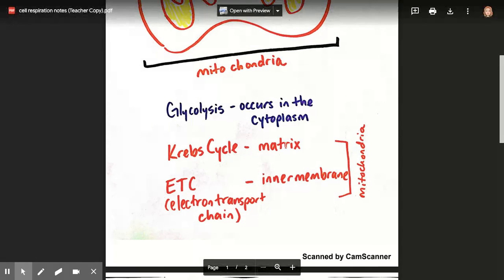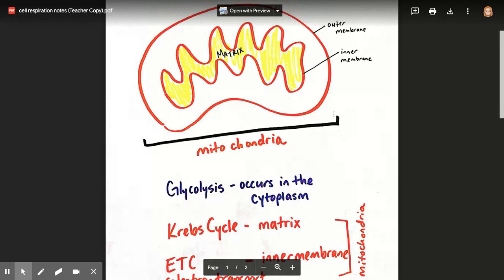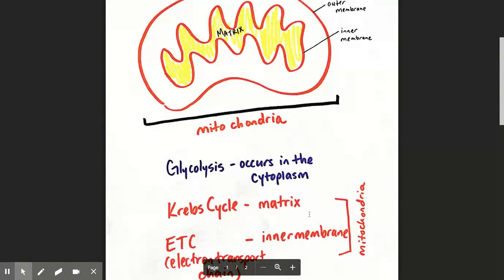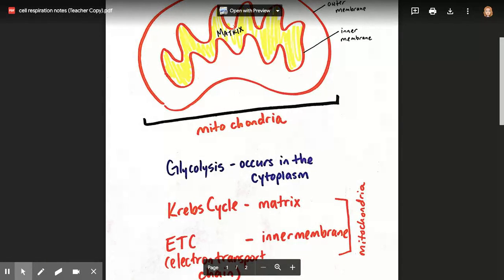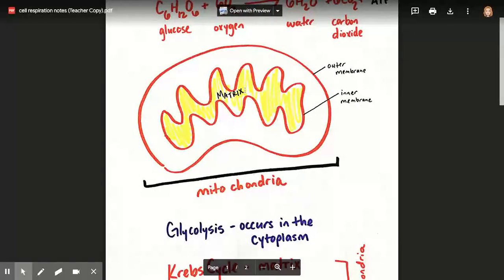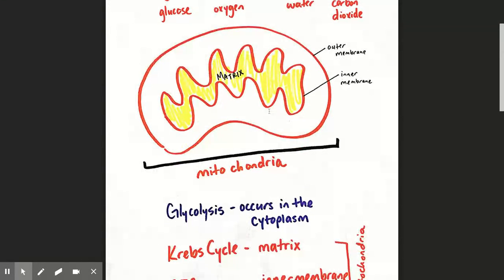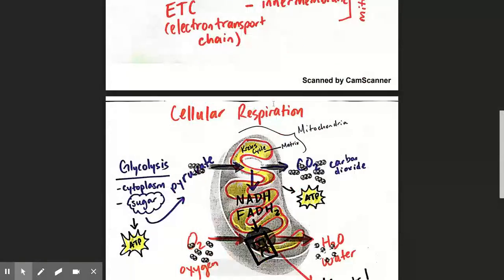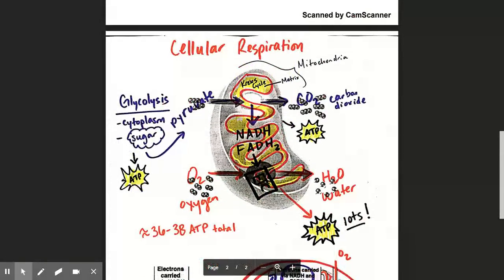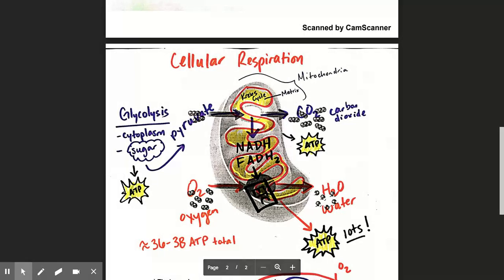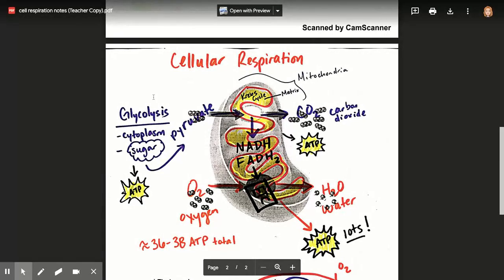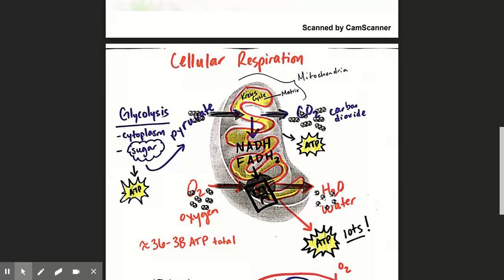The Krebs cycle happens inside the mitochondria, as well as the electron transport chain, and they happen in very specific places within the mitochondria. So the Krebs cycle happens in the matrix, and the electron transport chain happens in this inner membrane.